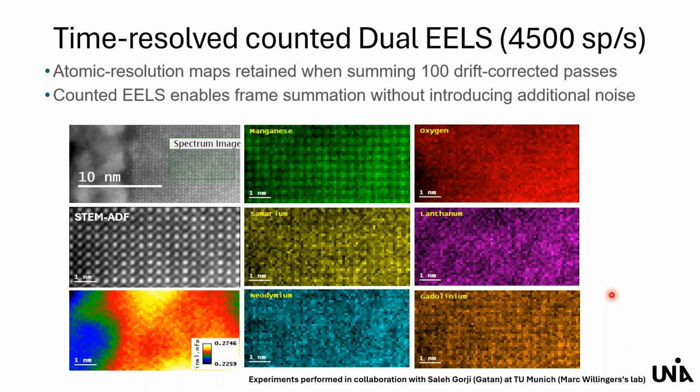And this fast acquisition is beneficial in two ways. First, you have a very good option for the drift correction between the frames, so the individual passes are acquired quickly and can precisely be aligned. And second, this very short dwell time reduces the beam damage, as mentioned before, and you don't have the beam on a specific place for a long time.